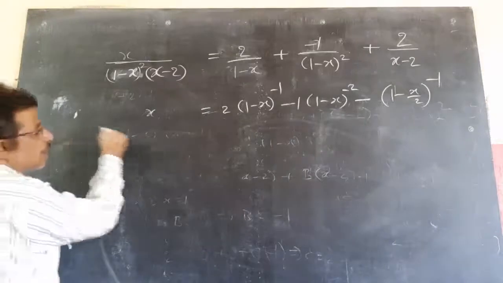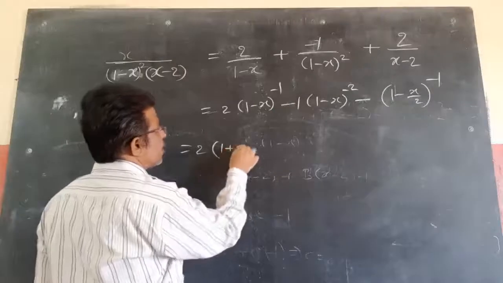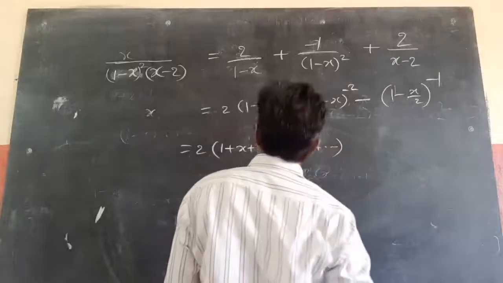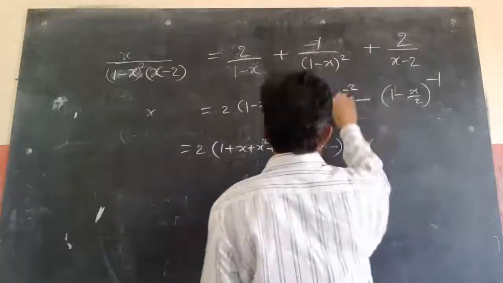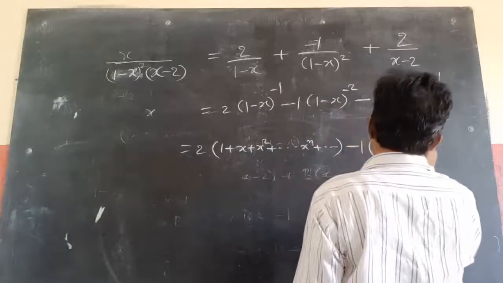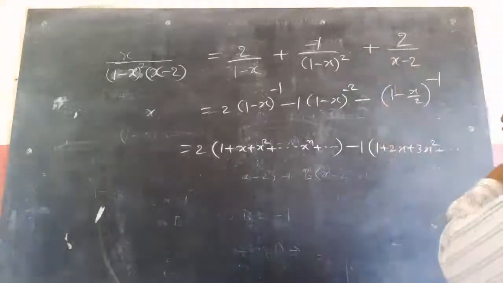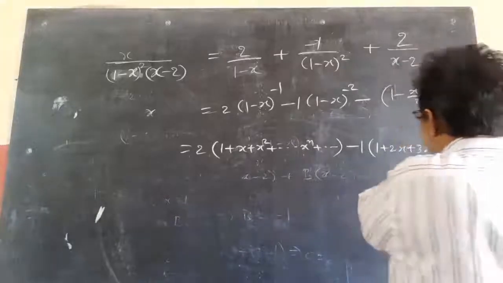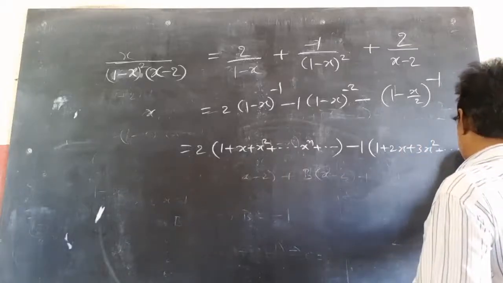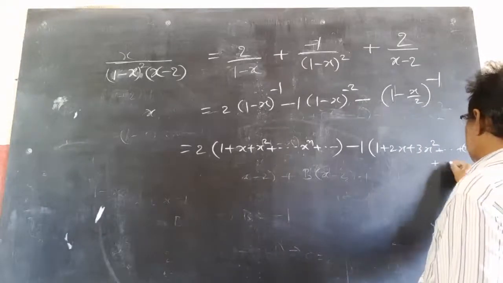First of all, how can I expand this? 2 into 1 minus x whole power minus 1 I can expand as 1 plus x plus x square and so on, till somewhere x power n, and so on till infinity. And minus 1 into this whole power minus 2, that is the derivative of this, as I told. That is 1 plus 2x plus 3x square and so on till infinity, and somewhere I will get n plus 1 into x power n, and so on till infinity.